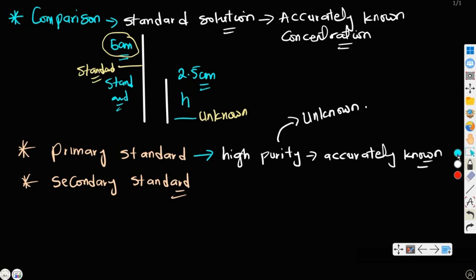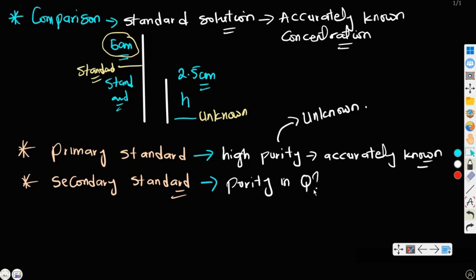Now, what is a secondary standard? Secondary standards are standards that are also used for titration, but they are not that pure. Their purity is in question.